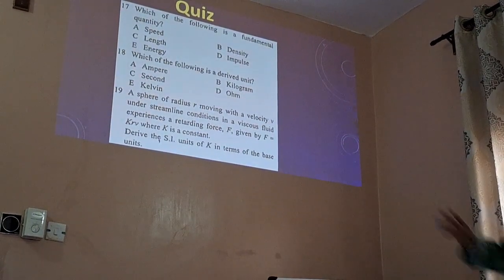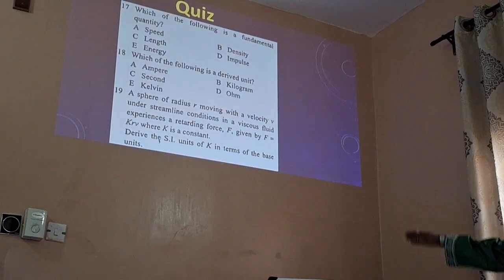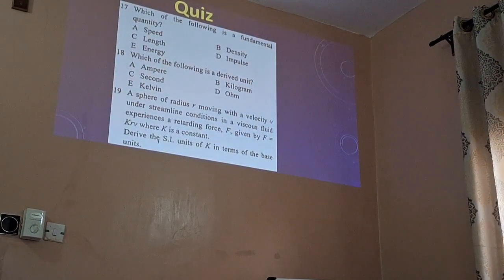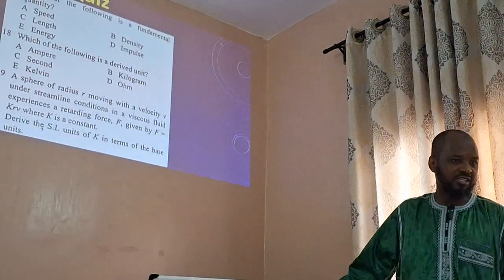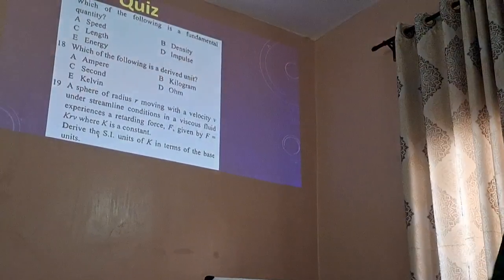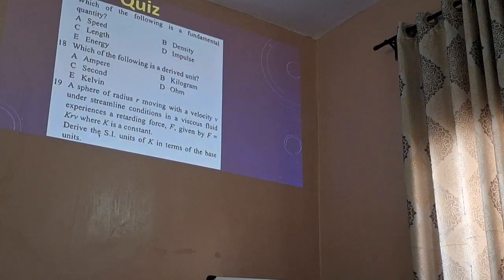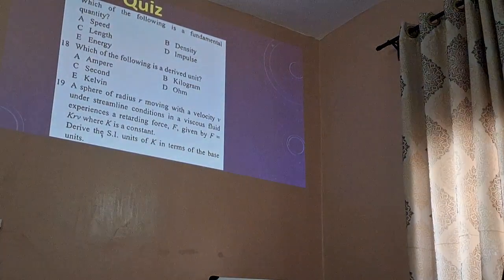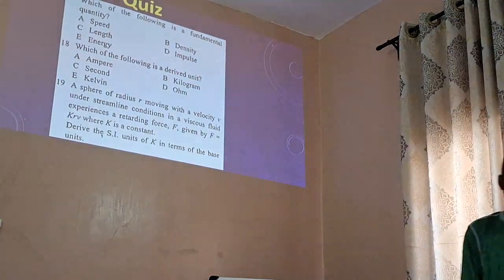Simple. So F equal KRV, just like we did F equal KA, isn't it? So here R is radius, V is velocity. Now, derive the SI units of K in terms of the base units.